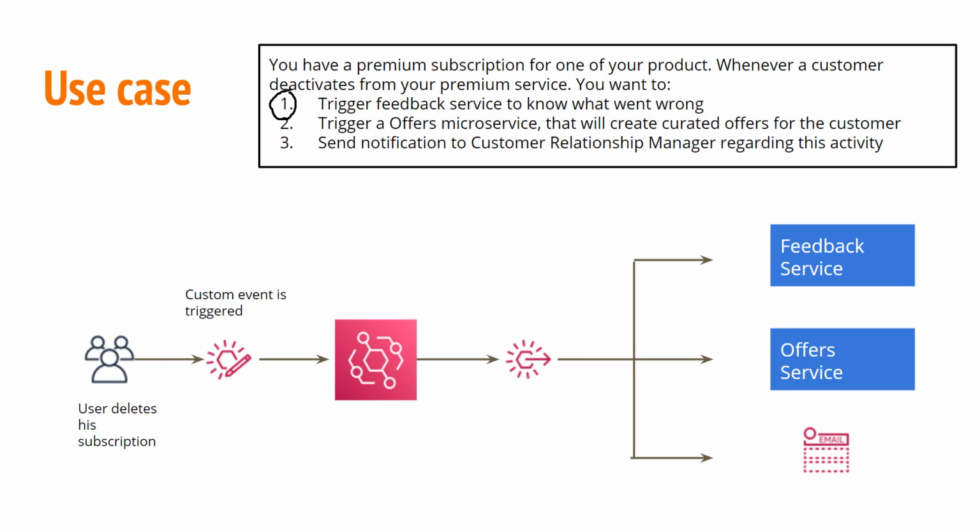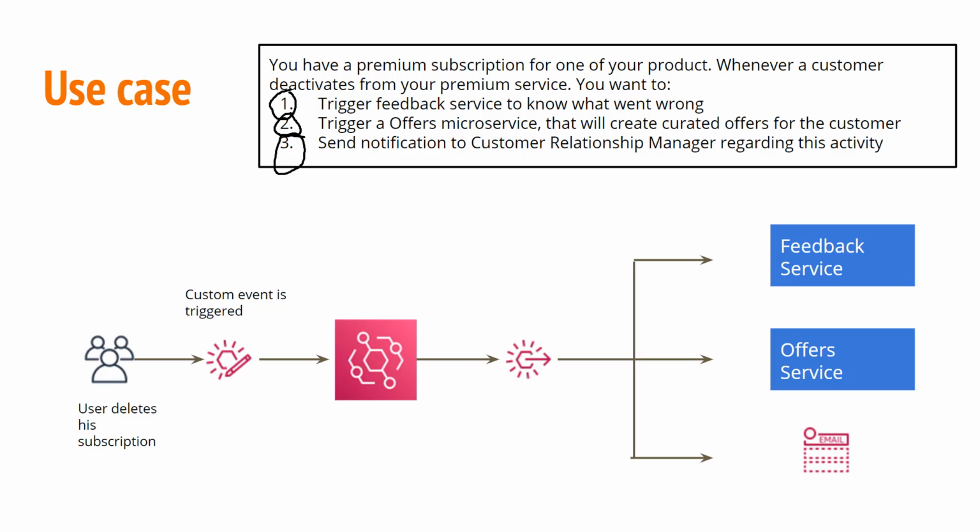Next would be an offers microservice, so that it will create custom offers for our user, and these offers should be shared with the user so that they can be retained. And the last one is sending a notification to the customer relationship manager. The CRM should be notified so that he can call the customer personally and get to know what went wrong.